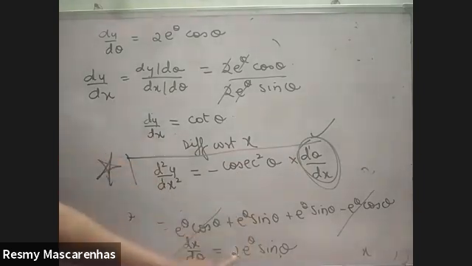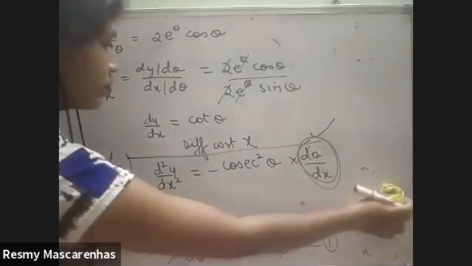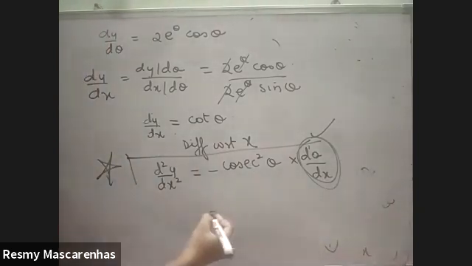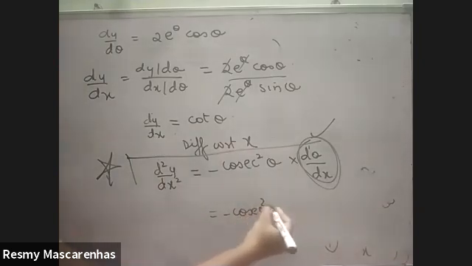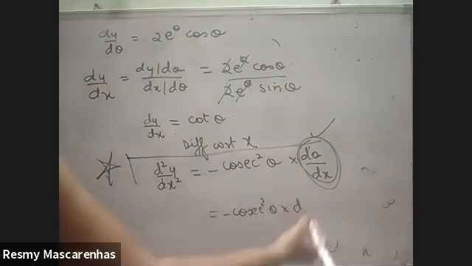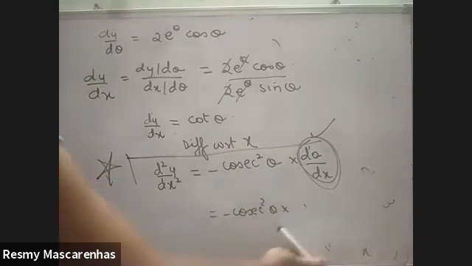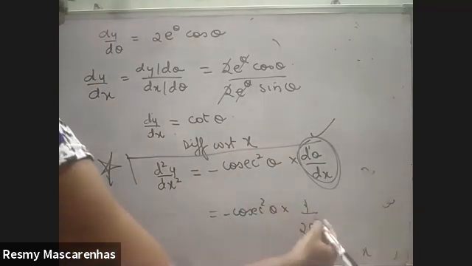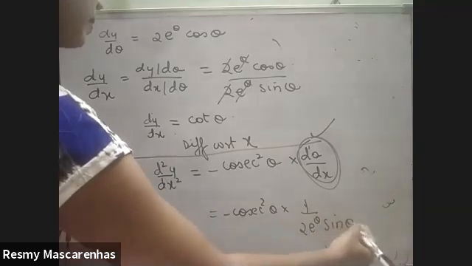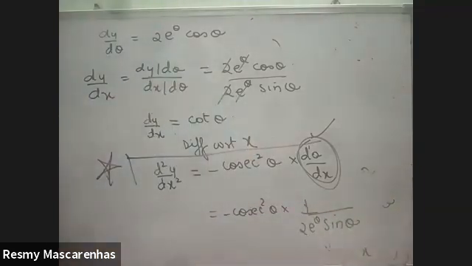So it will be 1 upon dx upon dθ. You can put this as 1 over here, and then you can refer to this.